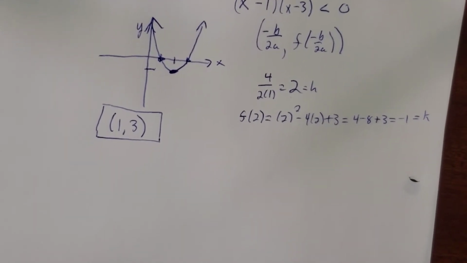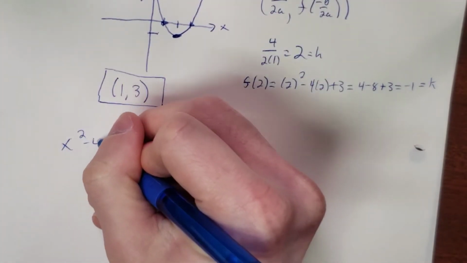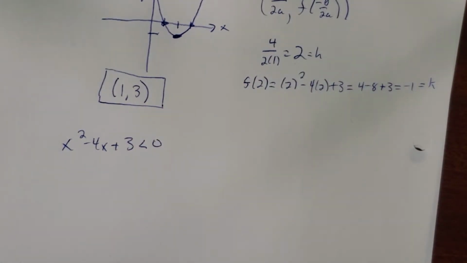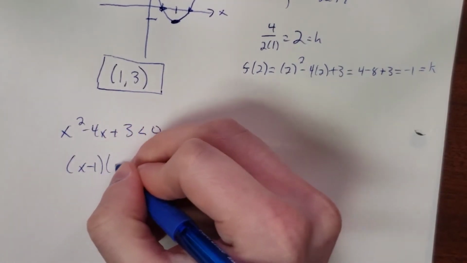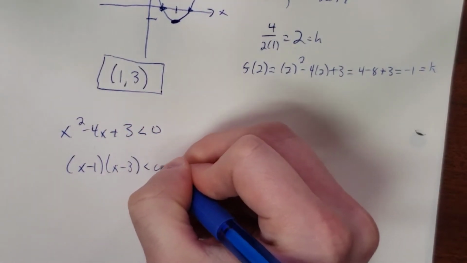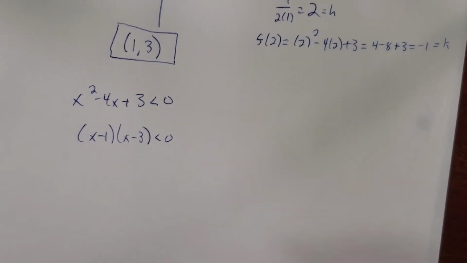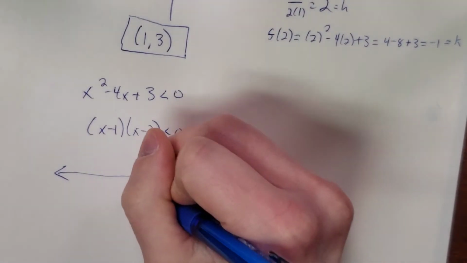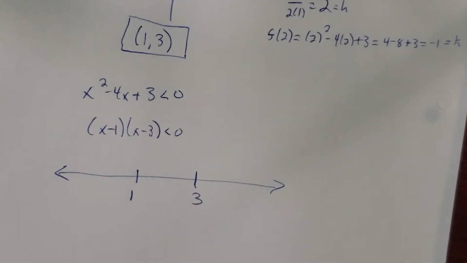So the first thing we want to do is factor as we did before. So we're going to factor, and we get x minus 1 times x minus 3. And then what we're going to do is we're going to create a number line, and we're going to put our zeros, which are 1 and 3, all of our zeros on this number line.